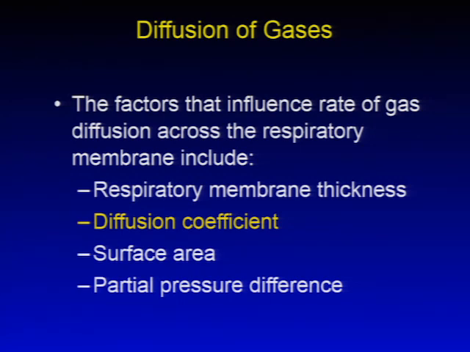The diffusion of the gas is improved with a thinner respiratory membrane, a wider surface area, and an increased partial pressure difference. Let me explain a little bit more about the diffusion coefficient.